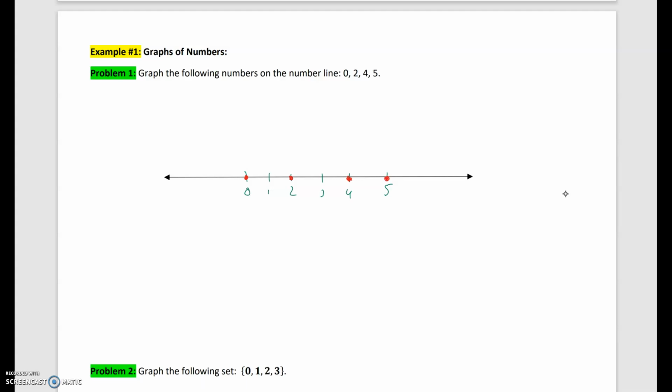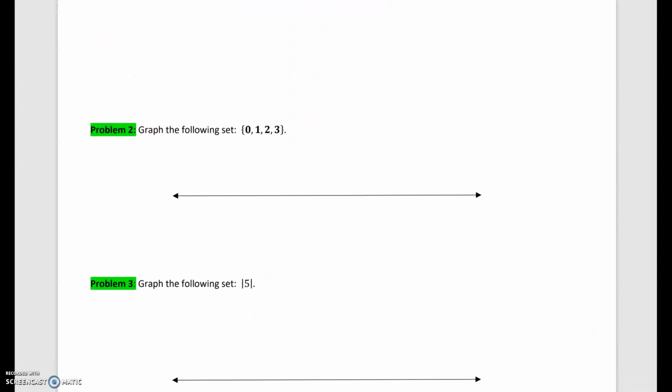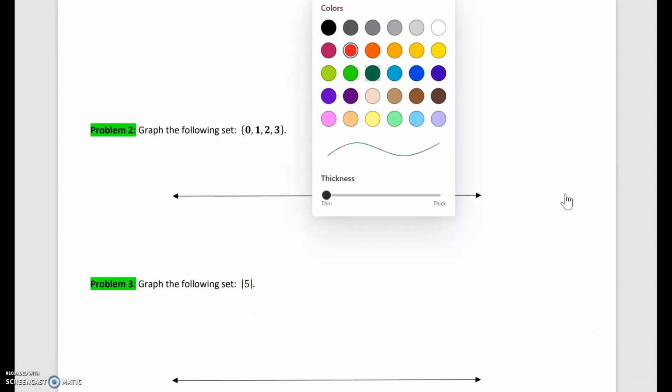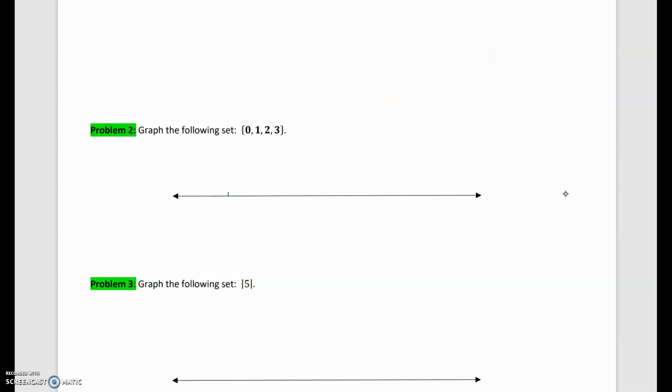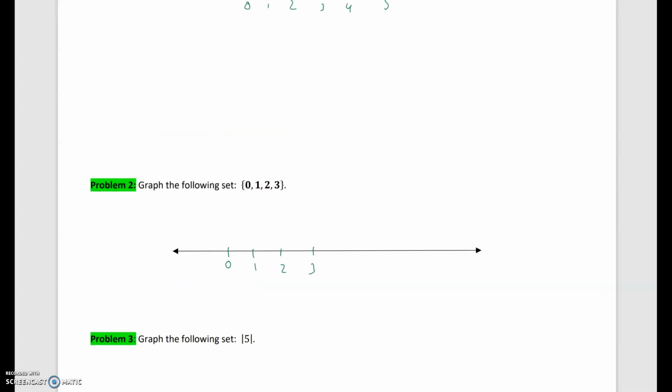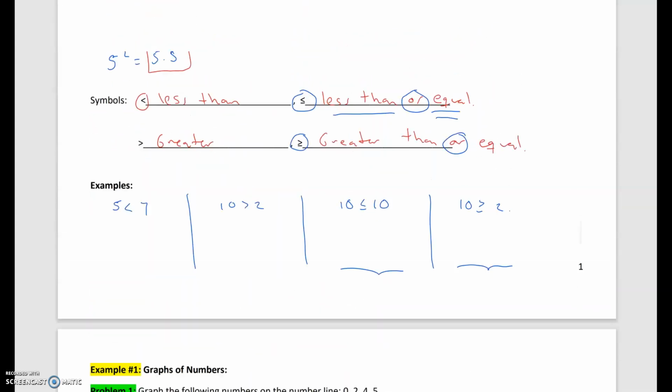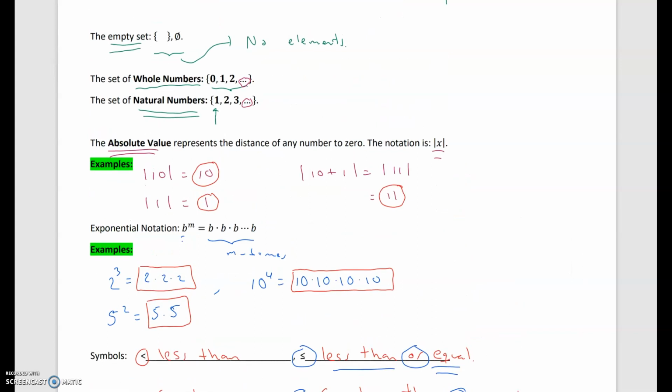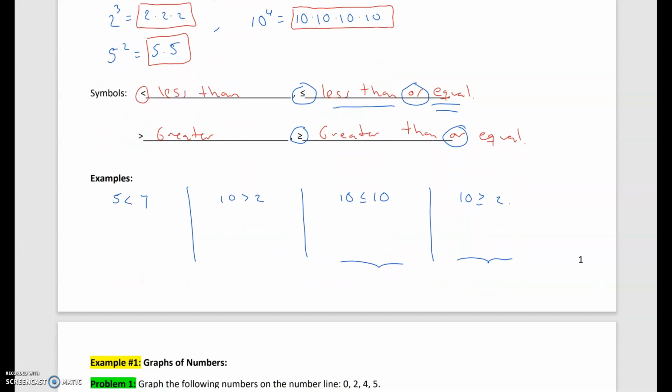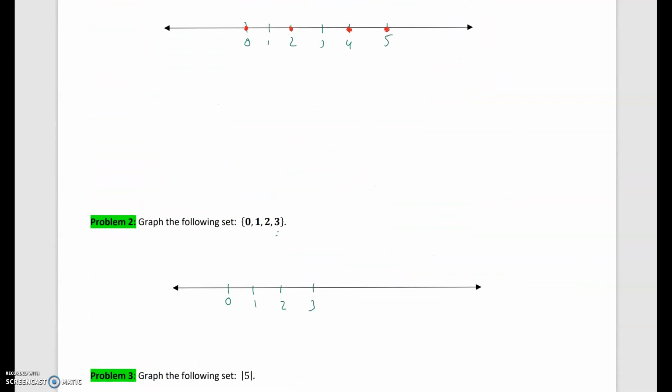Now, let's take a look at problem 2. And in problem 2, let me just put 0 here, 1, 2, 3. Now, notice that you don't have the dot, dot, dot. So this one represents the first values of the whole numbers. But because you don't have the dot, dot, dot, it only represents the first couple of numbers.